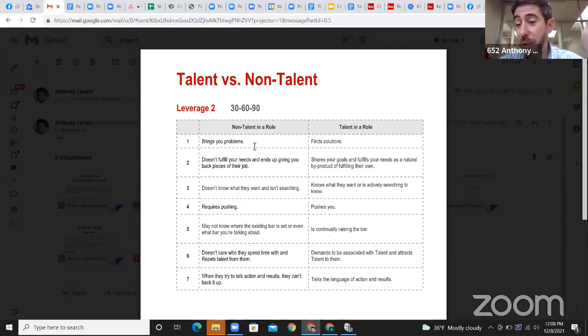So we actually review this with the employee after they're hired. This is setting expectations of behaviors. Somebody may look at this and say requires pushing, and they know that they require to be pushed. My point there is, when you set expectations, a lot of times the issues are going to show up sooner, or they'll even voluntarily show you.